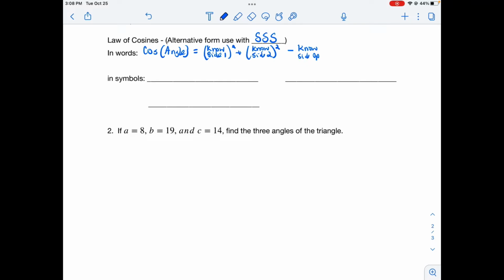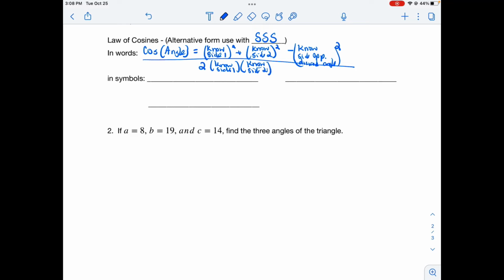So if you're looking for angle A, the one you're subtracting has to be little a. If you're looking for angle B, the one you're subtracting has to be little b. Now divided by 2 times known side 1 times known side 2. Those are the two sides that are not opposite the angle that you're looking for.